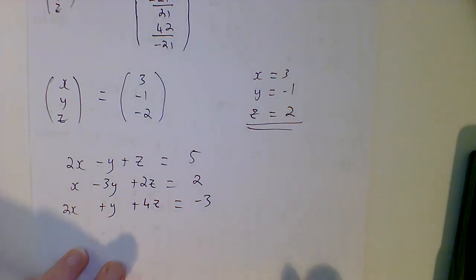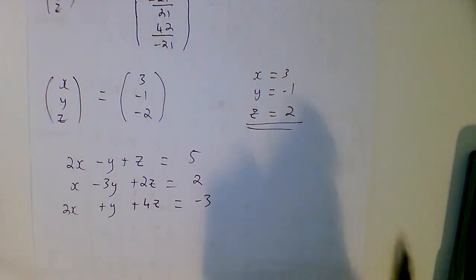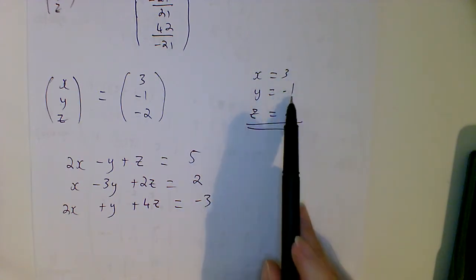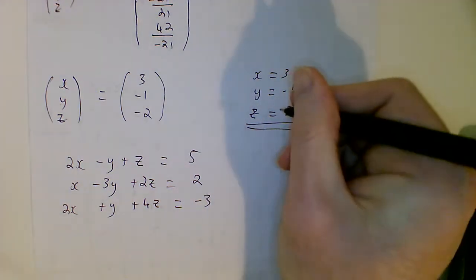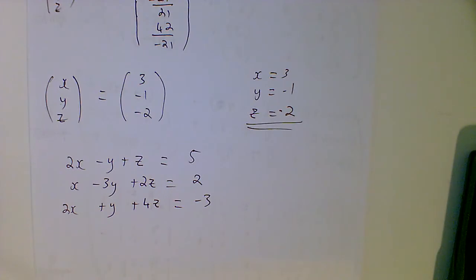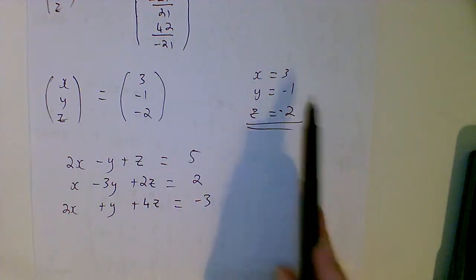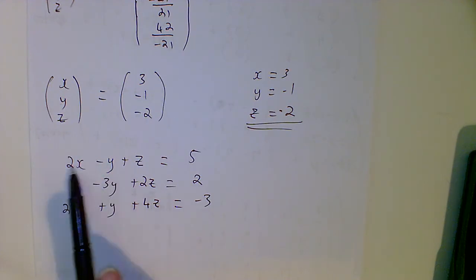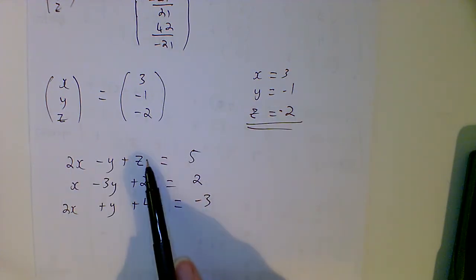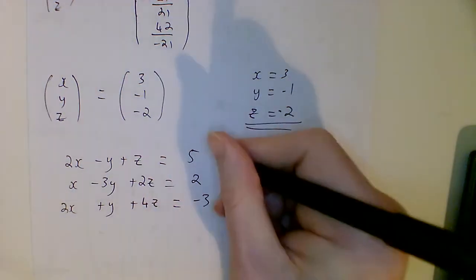Right, so let's see if this works. So I'm saying that x is 3, y is negative 1, and z is negative 2. So let's substitute that in. So if I put that in there, I would get 6. If I put that in there, it would be plus 1. So 6 plus 1 plus minus 2. Yep, that's 5. So it works for that equation.